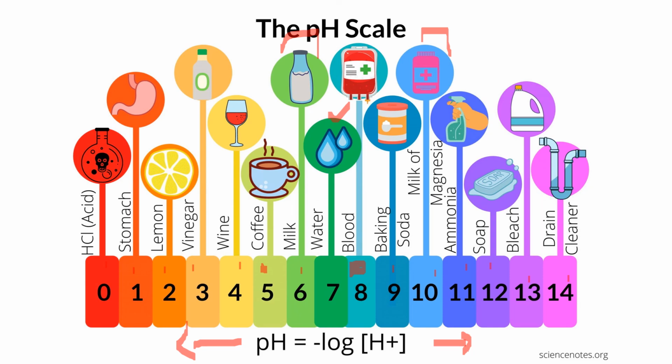Now one thing to be noted is that on this side the soap, ammonia, baking soda, blood, these all are slippery. Drain cleaner also, these all are slippery. If you talk about this side, these all are sour. That's why they are called acids.